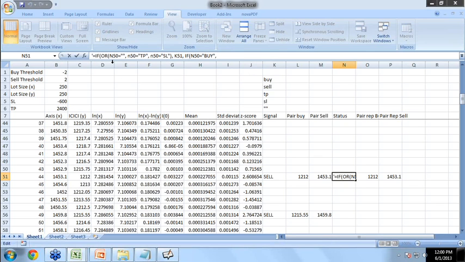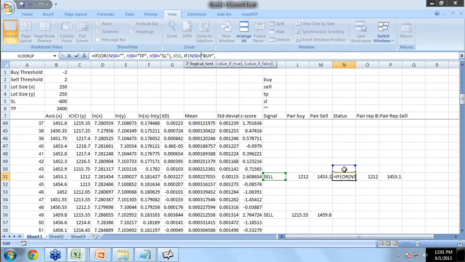Okay. So back to the status column, we have done our homework over here. We will be repeating this once we complete this. What we were doing in the status column is that if N50 is equal to blank, or N50 is equal to take profit, or N50 is equal to stop loss, that is the previous status, if it was any of these three cases, then we are just taking the new signal, whatever is coming: buy, sell, blank.